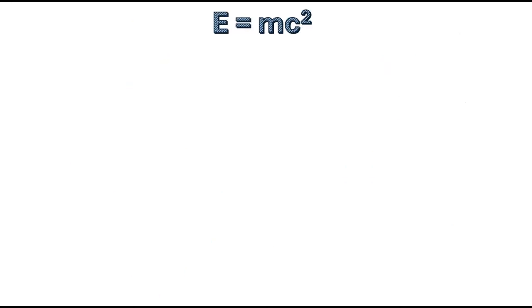Okay, and so for the sake of completeness, we are going to look at the famous E equals mc squared equation. We're going to apply the same procedure to this equation and see what the proportionality constant is. So we've got that energy is proportional to mass times some constant, which needs to be calibrated for the MKS system.